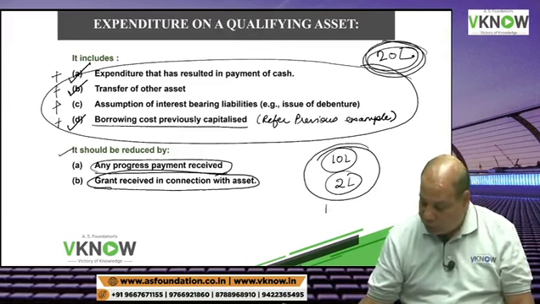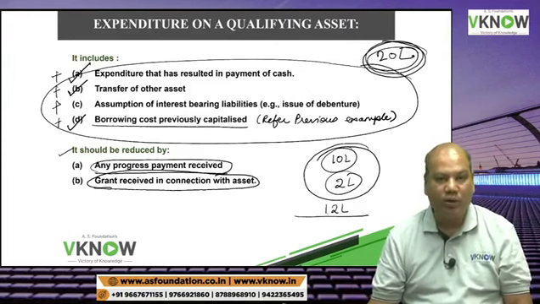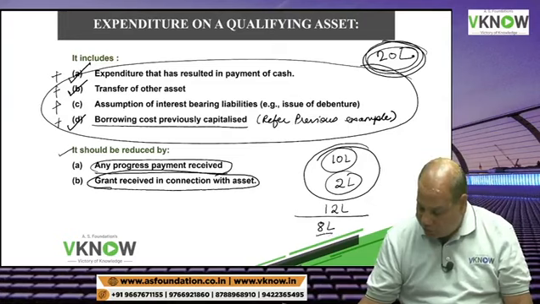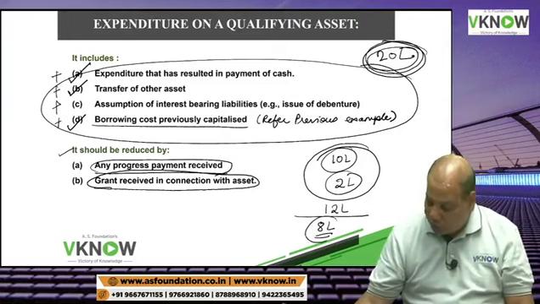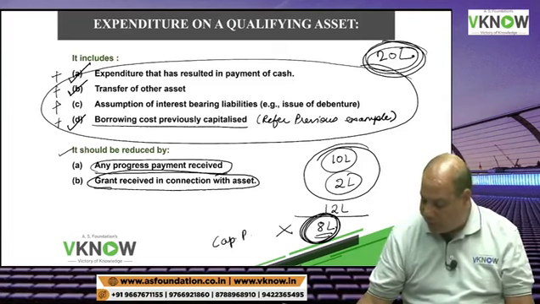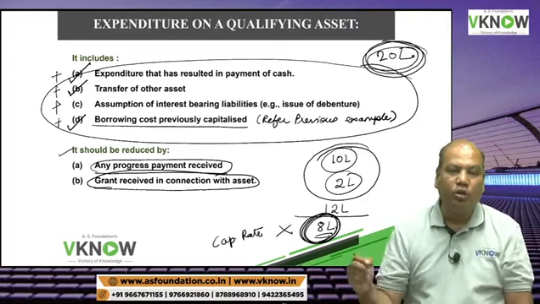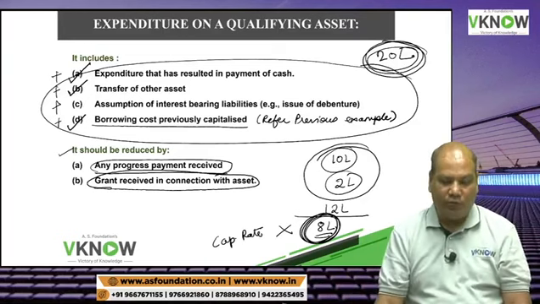Out of that, 12 lakh has already been funded by the client or the government. So my expenditure is only 8 lakh, and I will use 8 lakh into whatever capitalization rate to calculate the borrowing cost to be capitalized.